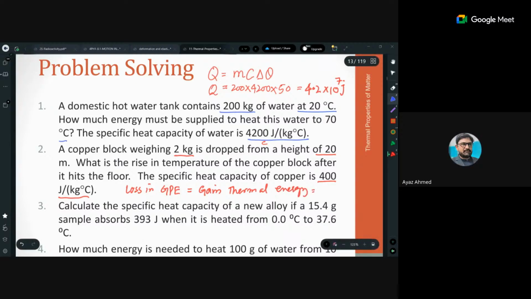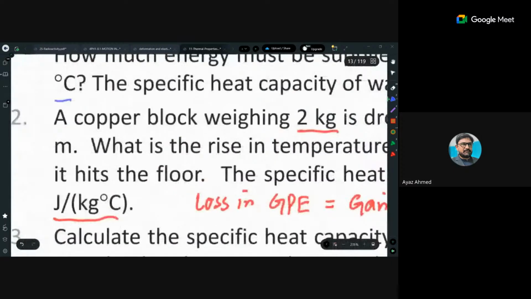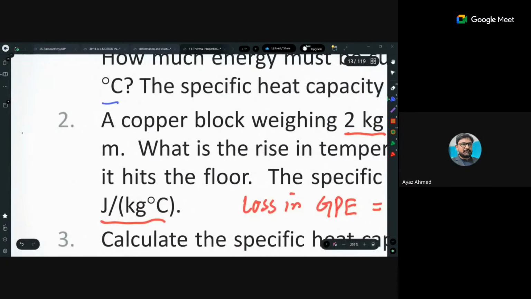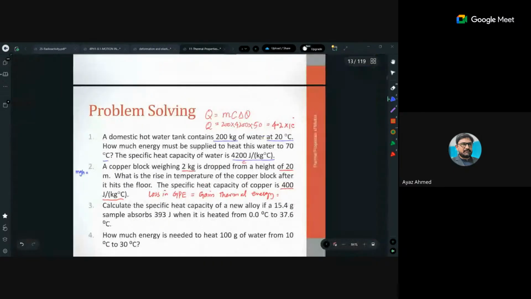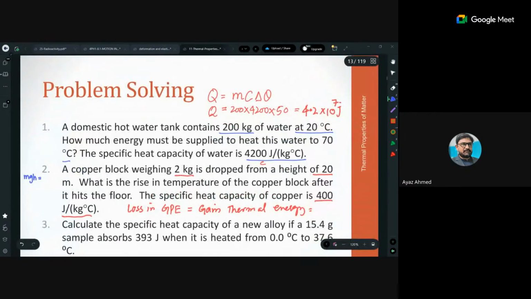Okay. So GPE means I will try to solve it here. I have a very small space, basically this is the homework, so I did not put more space for that. Shouldn't it be gain in kinetic energy? It will gain in kinetic energy, but here one sentence is missing: that all of the energy is converted into rise in temperature.